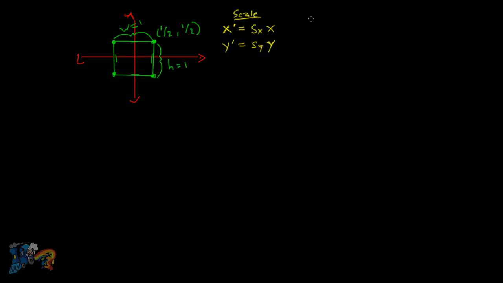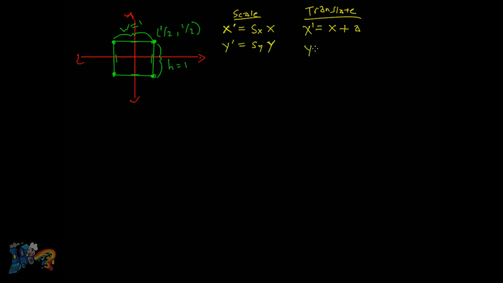Then we're going to look at translate now because it's easier. So we can translate an object as well. And translating it is not much tougher. The result, x prime, of a translate is just equal to the initial x plus some value a.